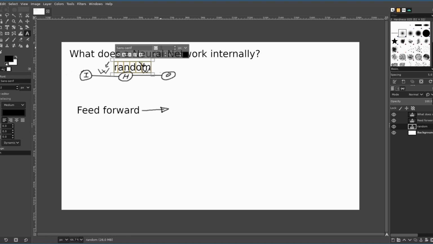So the weights of these links are chosen randomly, and the process is this one.